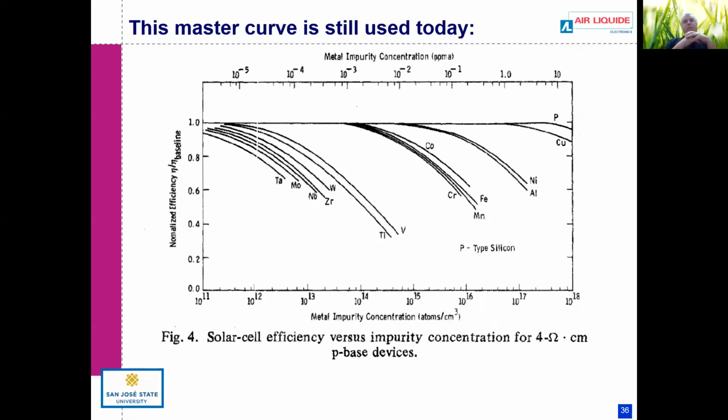As opposed to doing all this detailed analysis, what is more typically done is they look at the lifetime of electron hole pairs in silicon. You have a little light that flashes onto the silicon, and then you measure the conductivity of the silicon as a function of time.